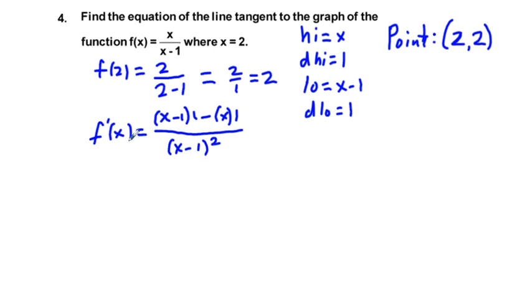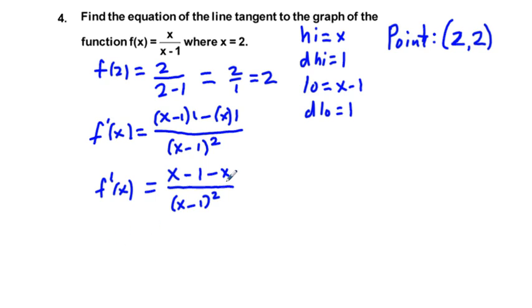So we can just substitute in at this point if we want to, but I'll just simplify further. We're going to have the numerator x minus 1 minus x over x minus 1 squared. That's going to be f prime of x.